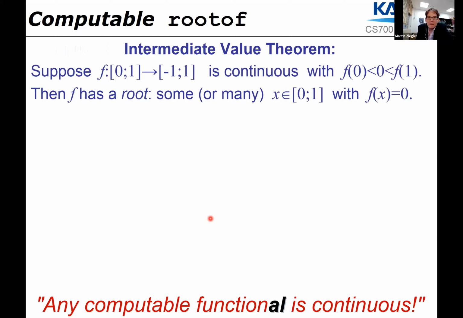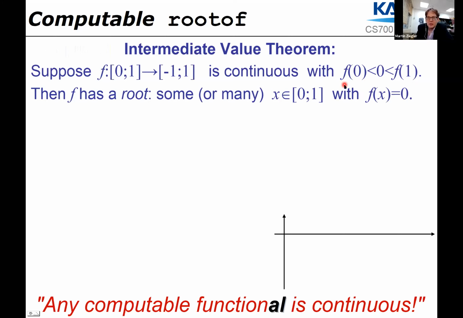Now let's follow our paradigm, that any computable functional is continuous, and consider the root finding functional, not on the space of arbitrary continuous functions, but restricted to the space of continuous functions which satisfy this sign changing property.